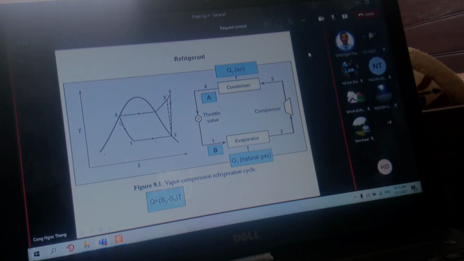We already studied it in thermodynamics. So this is the reverse Carnot cycle applied for the vapor compression refrigeration cycle. We use this system as the outside refrigeration system.